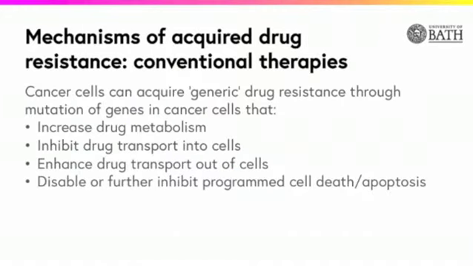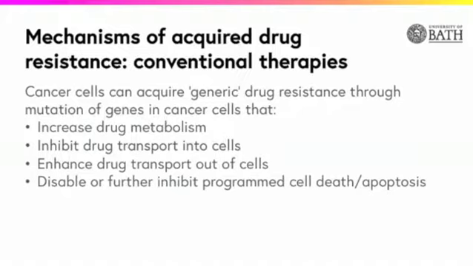If we talk about mechanisms of acquired resistance, if we focus on conventional therapies for now, cancer cells can acquire generic drug resistance through a variety of mechanisms, so this list is not exhaustive. But one of the major ways that they do this is by increasing drug metabolism.